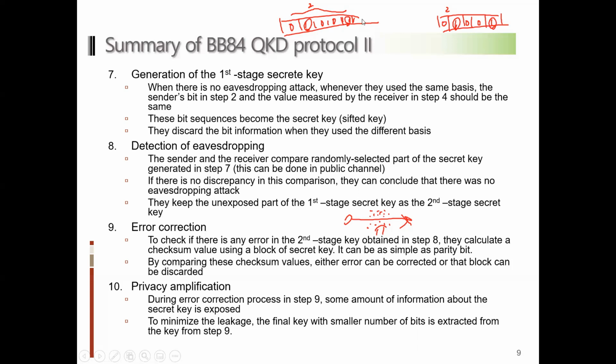There are many types of checksum, but the basic idea is that if you have a very long sequence, you split it into subblocks, calculate some kind of checksum for each block, and depending on your error probability, the length of the block will be different.